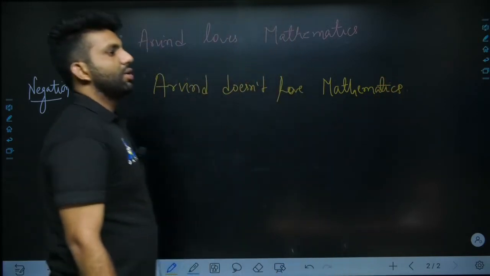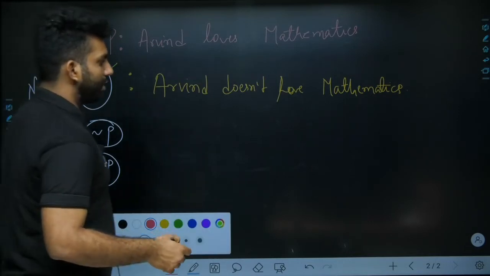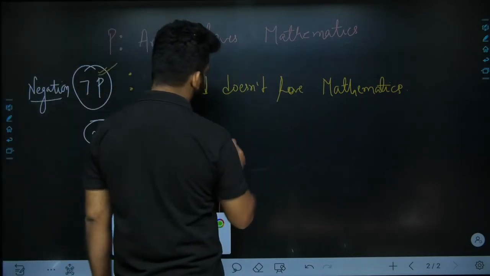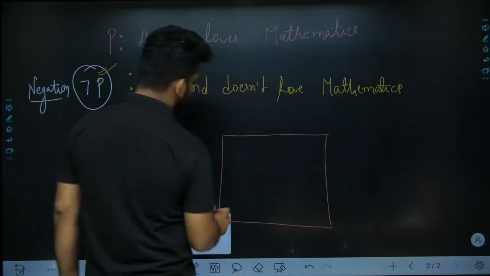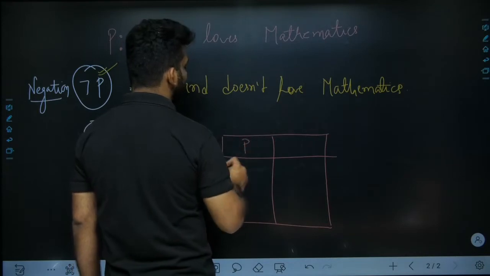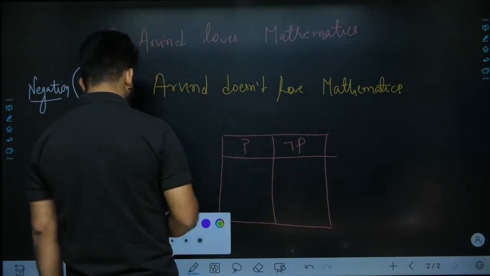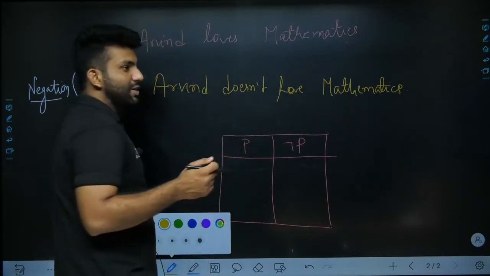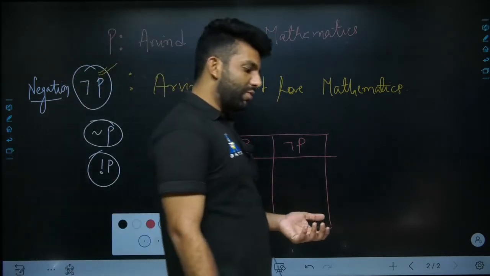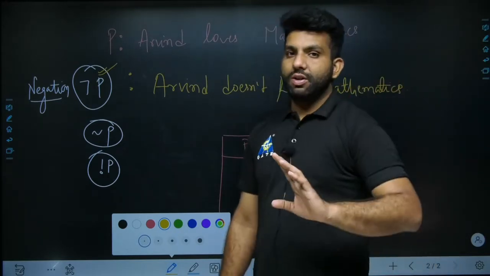If I talk about the truth table, that is important. You have heard about it in digital circuits as well. If this was P, then what will be the negation of P? Because P is a proposition, it will have some value: either true only or false only.